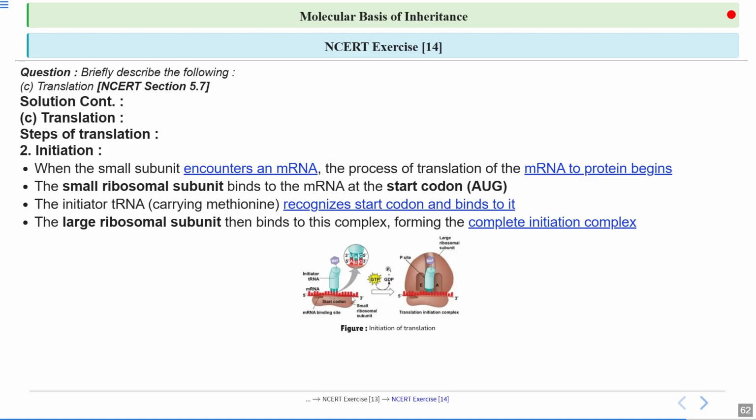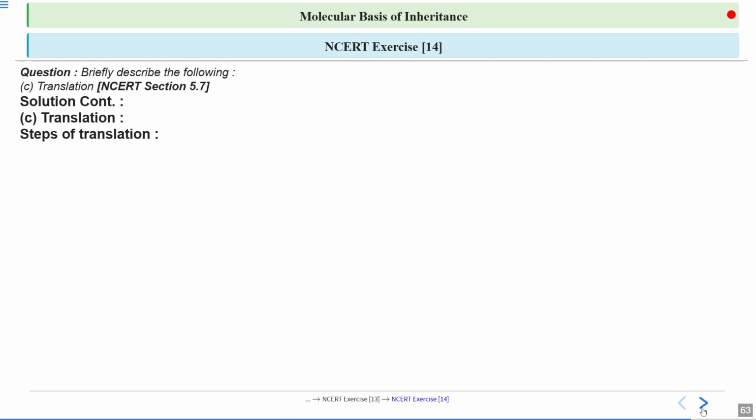This initiator tRNA, which has the methionine amino acid, will come and bind to the start codon. The initiator recognizes the start codon and binds to it. Now this large ribosomal subunit also will come and bind to this complex, and it forms a complete initiation complex.